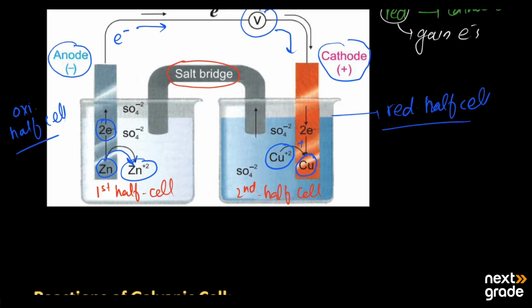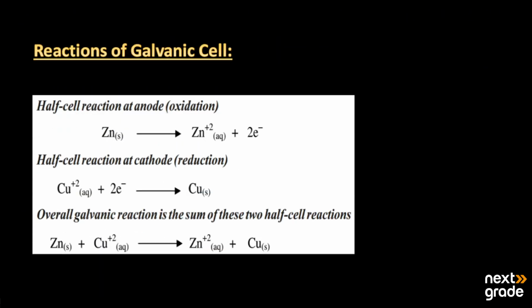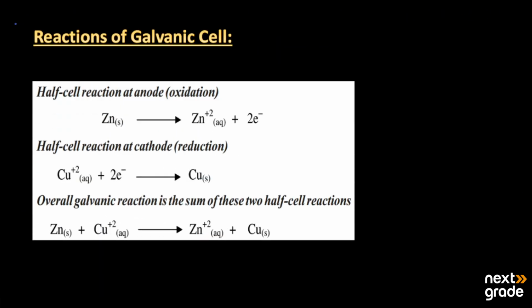Now, what are the basic chemical reactions that take place there? The first one is the half cell reaction that takes place at the anode. The solid zinc present in the form of an electrode, being a more active metal, works as the anode. By losing two electrons, it carries the charge 2+ and comes into the aqueous solution, leaving two electrons on the electrode.